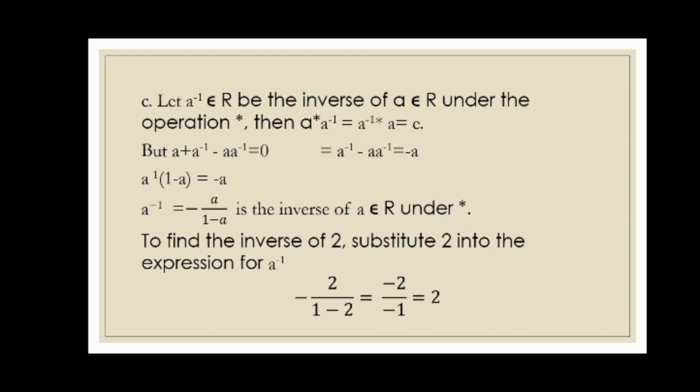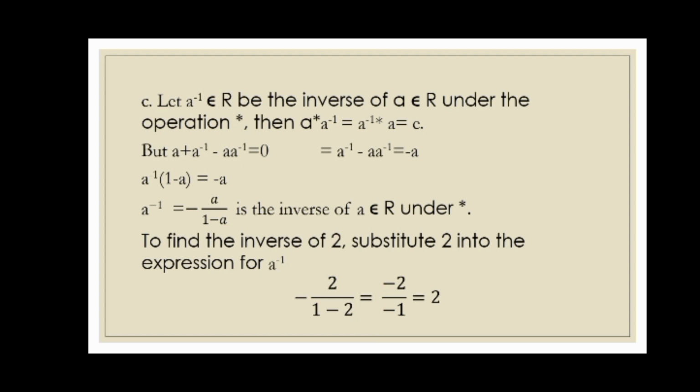So this is the inverse of A belonging to R under star. Let me repeat the answer again. A inverse is equal to negative A on 1 minus A, which is the inverse of A belonging to R under the operation star.